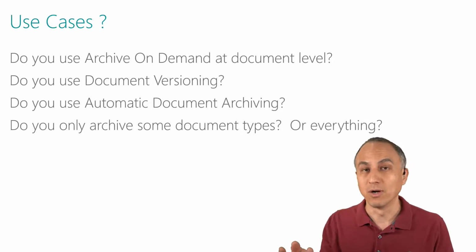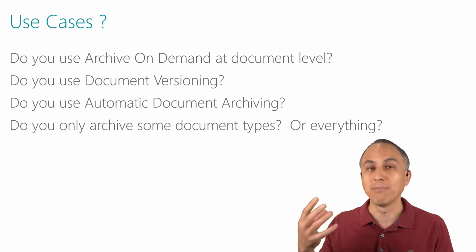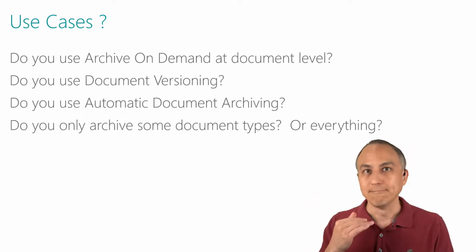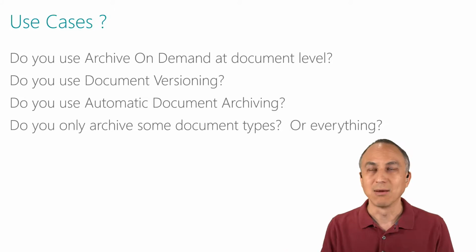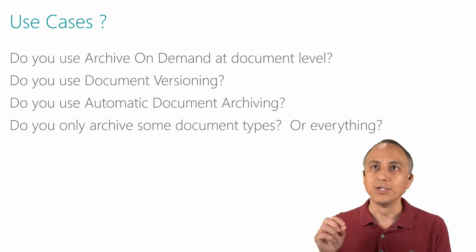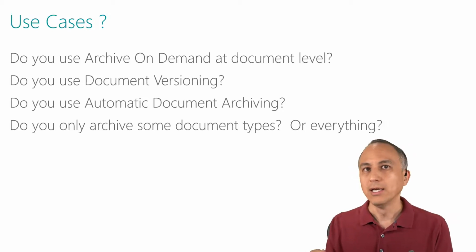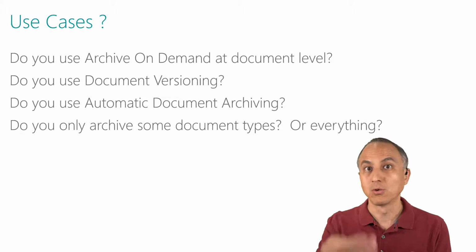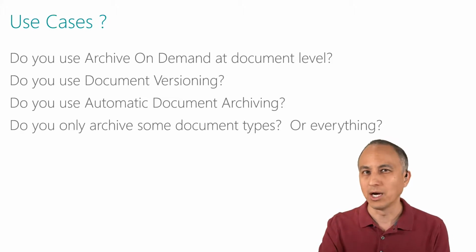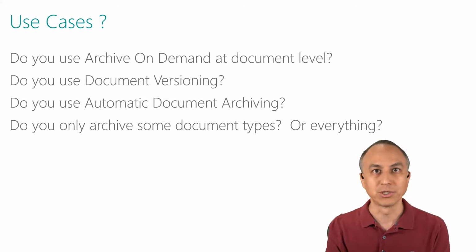I'm kind of curious. From the Dynamics GP background in the US, that seems like something all GP customers would want. And do you only archive some document types but not others? Like if you actually use, say, purchase quotes, do you intentionally not archive those, but you do archive purchase orders?